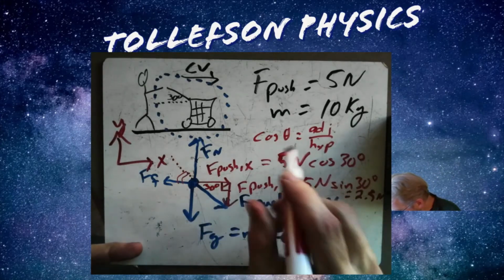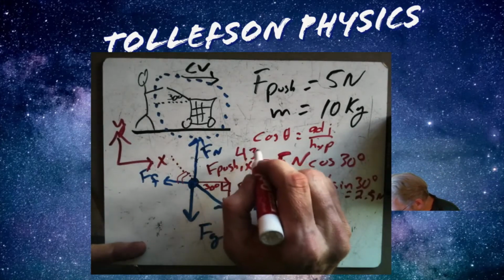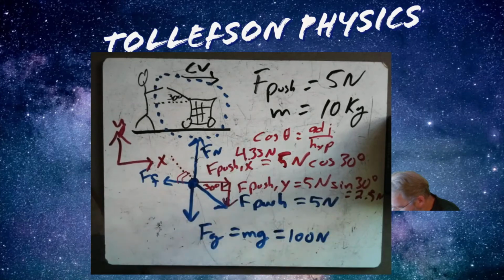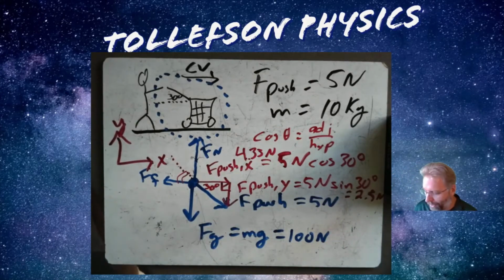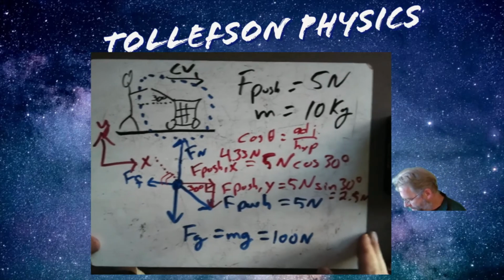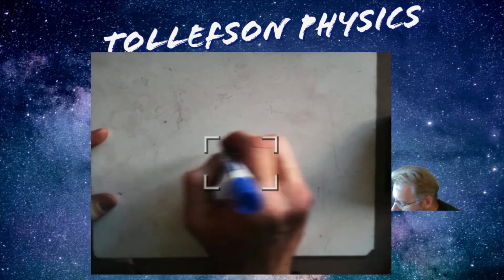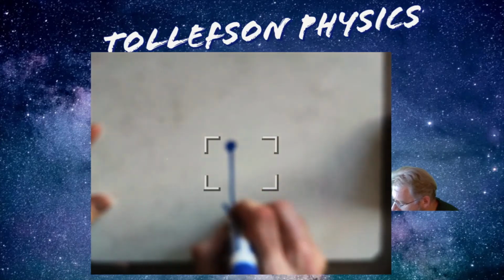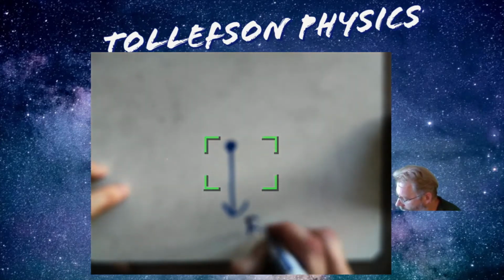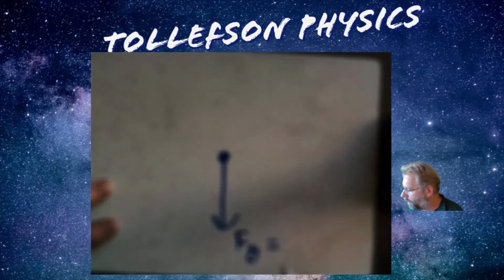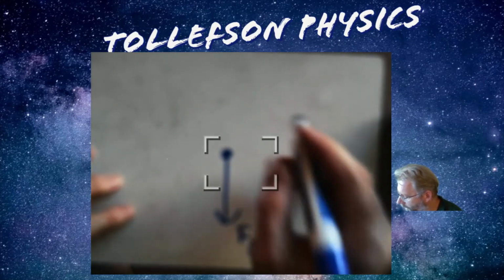So I'm making this very messy, so I might draw a new one. 4.33. Okay, so let us go ahead and redraw what we have with fewer things on it. And I'll actually make it a lot bigger. So we said the force due to gravity was 100, if I remember correctly.